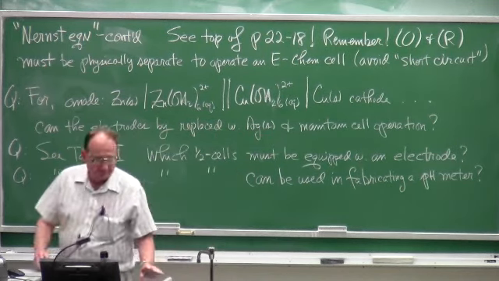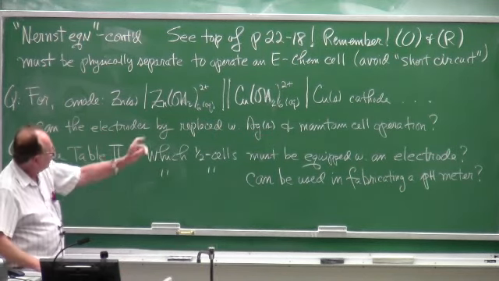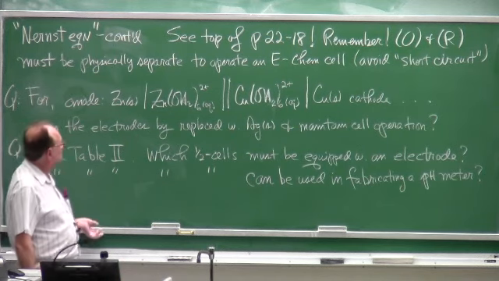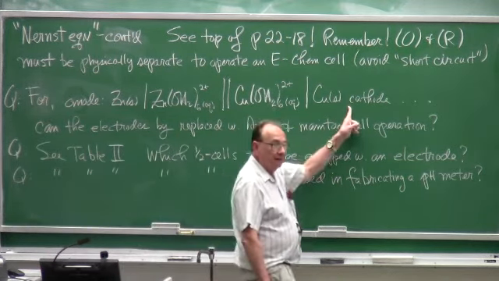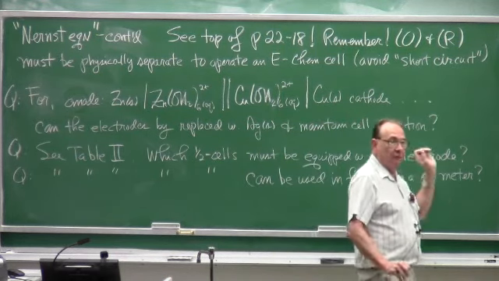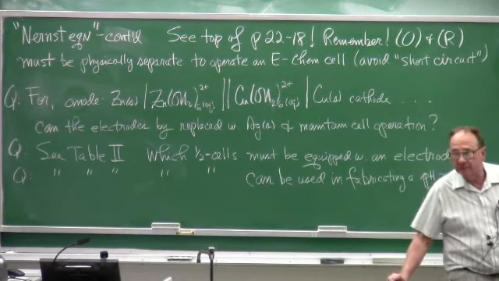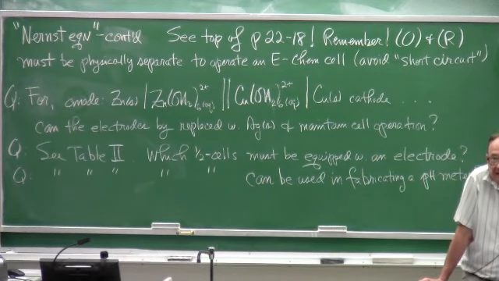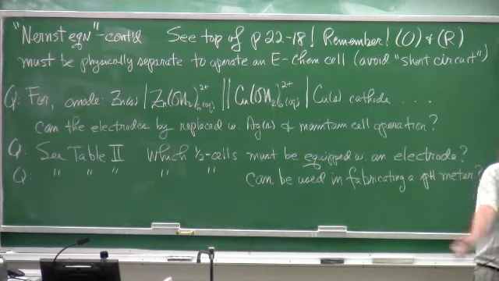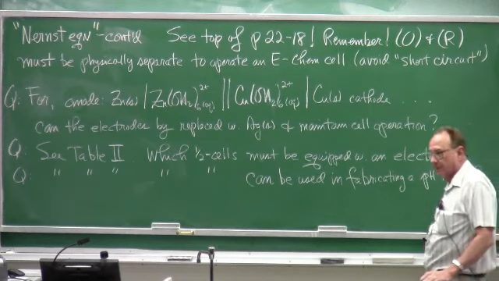Now, specifically for this cell, could we replace the cathode electrode, which is presently a strip of copper, with a strip of silver and maintain cell operation? Imagine we got this system running before us.